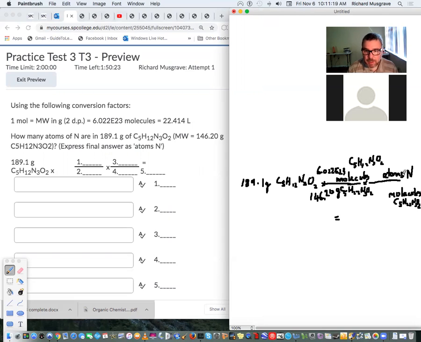The relationship between atoms of nitrogen and molecules is fairly simple. You can see that in each one molecule, we have 3 atoms of nitrogen. So 3 atoms of N, 1 molecule. So again, we go ahead and we put all that into our calculator. My recommendation would be to do it this way: 189.1 times 6.022 E23 times 3 divided by 146.2.